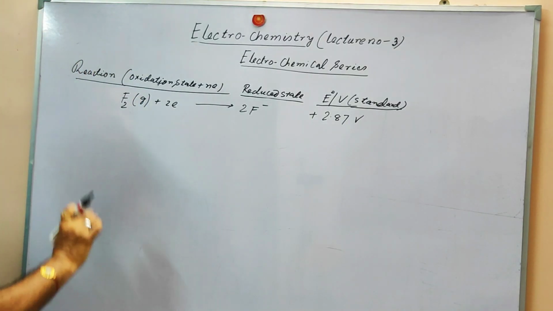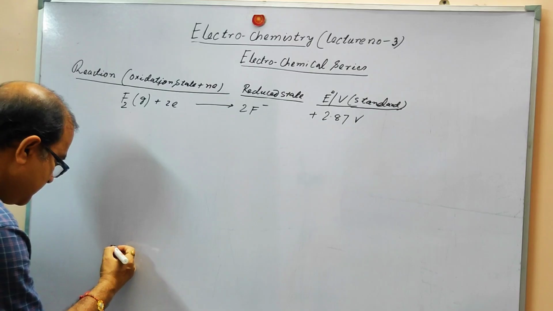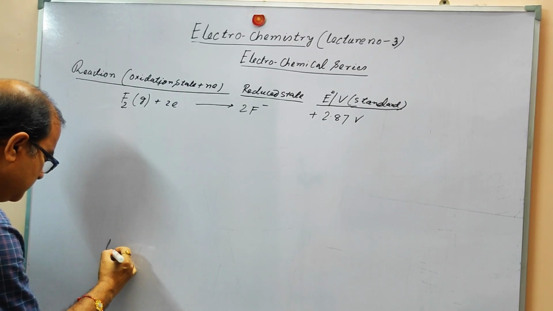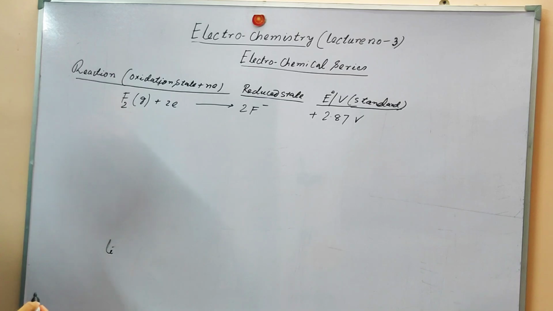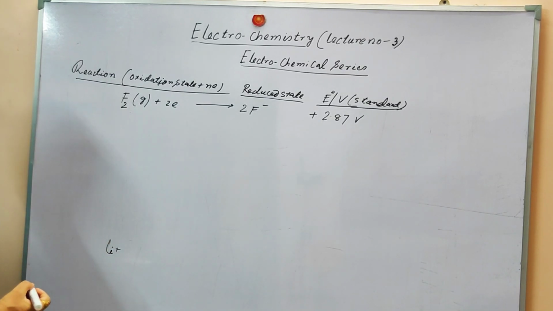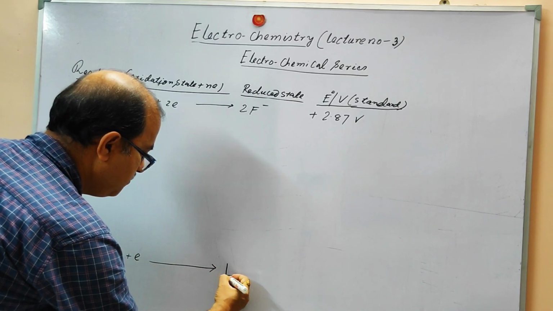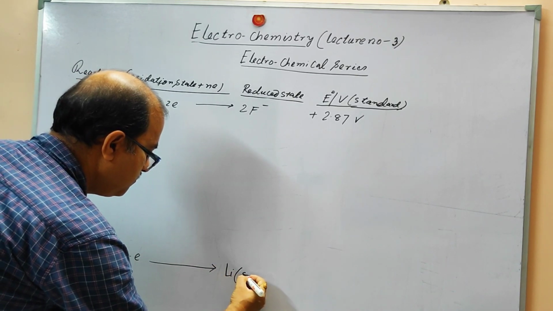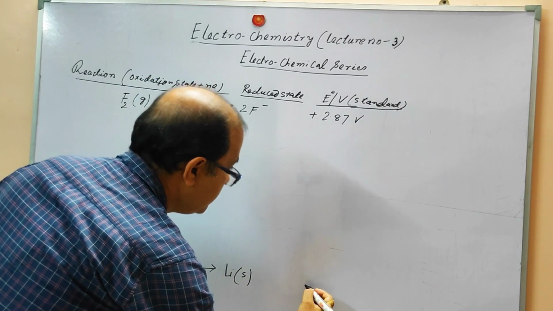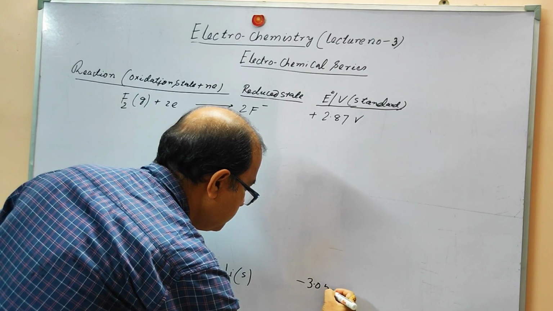And at the bottom of the table you will find lithium. You can write this: lithium ion plus an electron gives solid lithium, and we can see its electrode potential in volts.